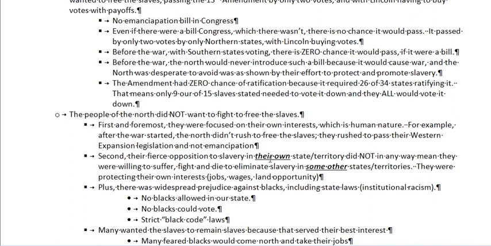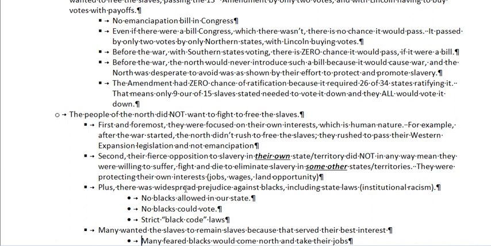It's about their own self-interest. In a way, that does not in any way mean they're willing to suffer, fight, and die to eliminate slavery in some other state, which they couldn't give a damn about. It's their state, their opportunities. They're protecting their jobs, their wages, land opportunity. This is their overall opportunity, their chances at life.